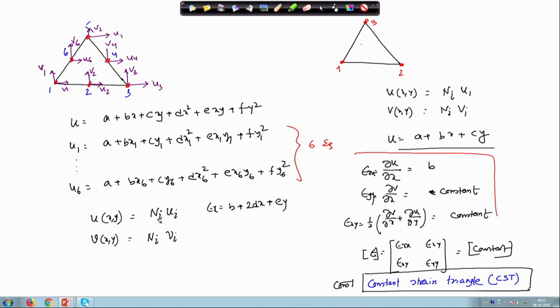Now, once you have this N_i u_i, the next step is again the same approach. Calculate strain.